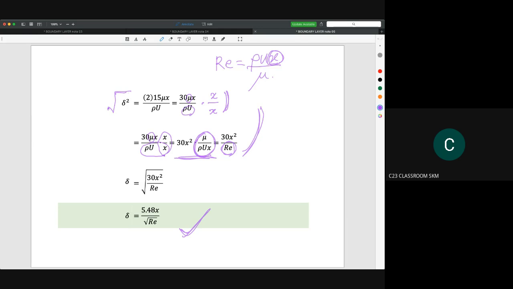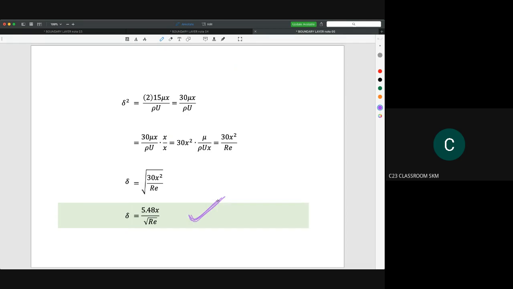Why do we need to make sure that our final answer has the Reynolds number? Because this is the universal term. You could open many textbooks, and they will give you the answer in terms of the Reynolds number. So this is an official term.